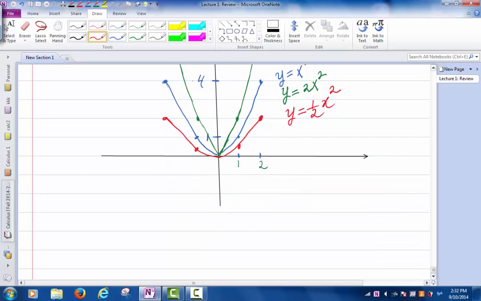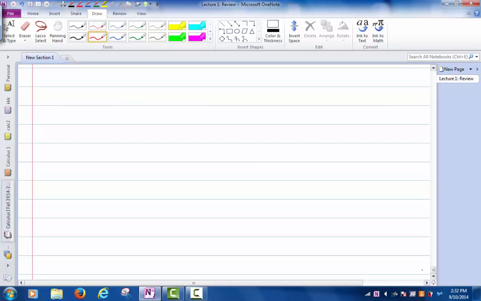One more. Here I want to compare the graph of f of x and graph of f of 2x. So suppose that you know the graph of f of x looks like the following. Whatever f is, I'm just giving you an arbitrary graph here. So let's say the graph of f looks like here.